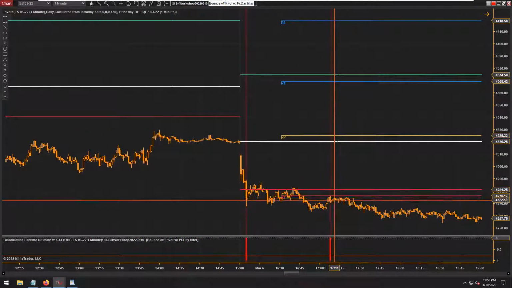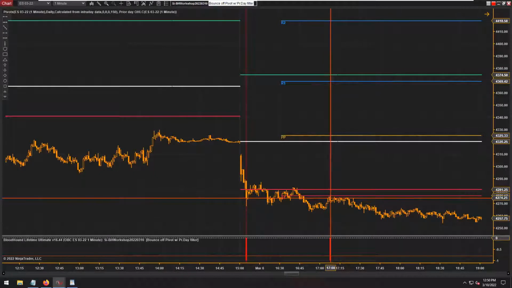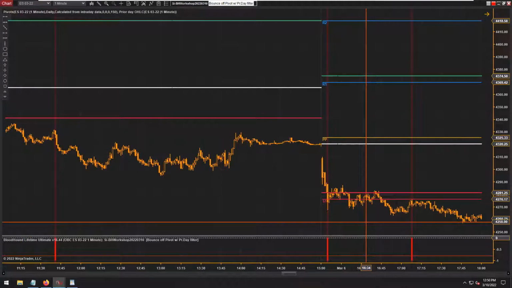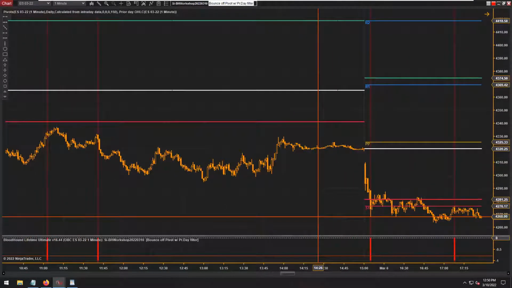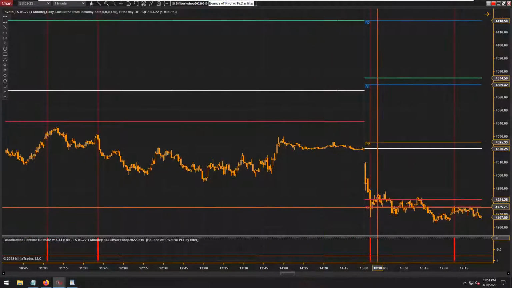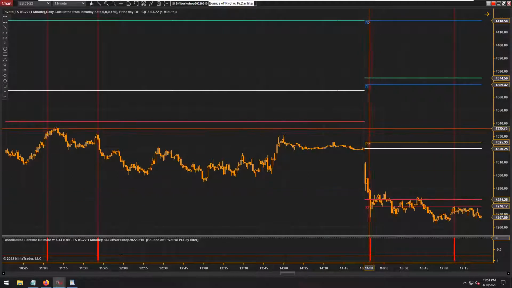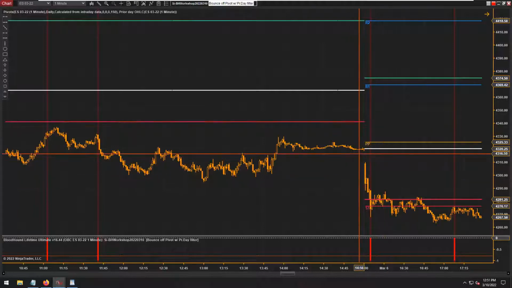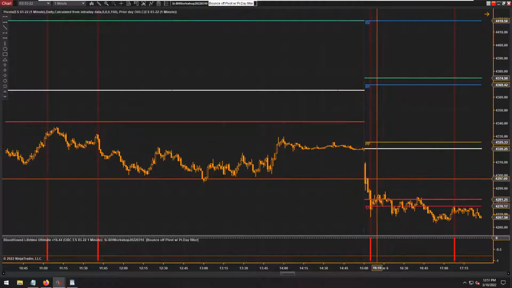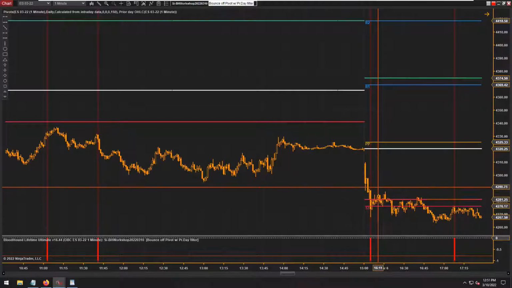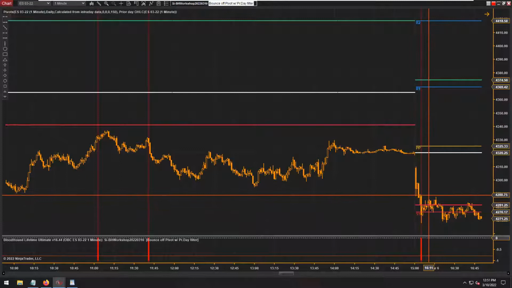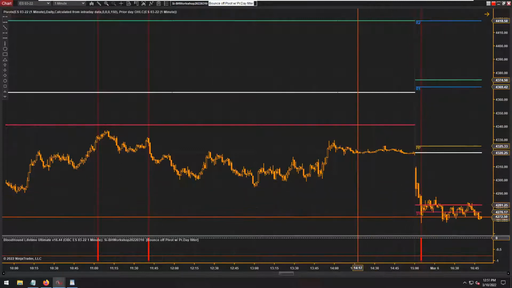There we go. There's a touch and a bounce. All right. Yeah, we saw this last week. So remember, when your indicator switches prices from one day to the next, you're going to get what look like irrational signals there.